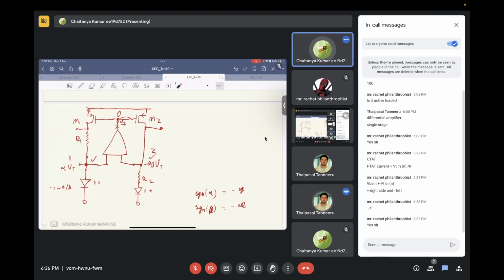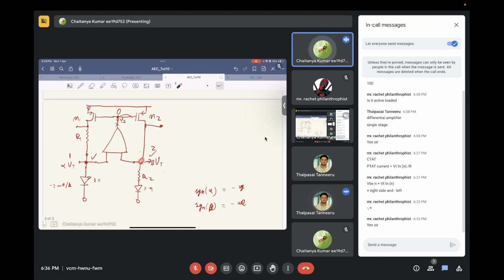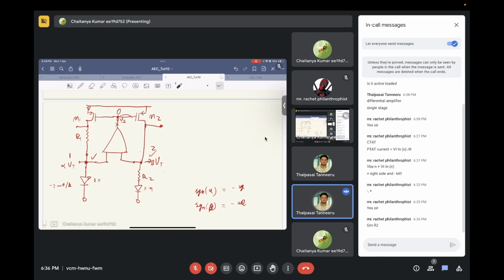How? The output resistance of transistor M2 is infinite, but what is the total resistance that you see at this node, node 2? It is R2 plus the diode resistance, small r. So basically, your gain AO2 is equal to minus gm times (R2 plus r by N).